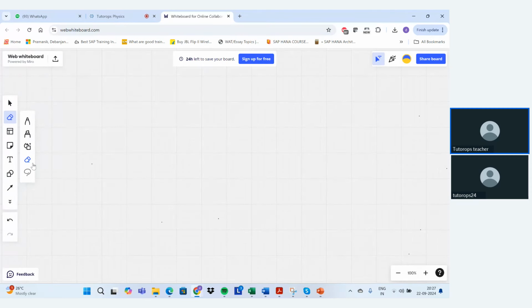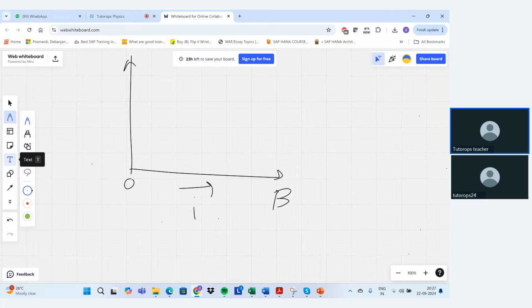So for example, this is my origin, and this is the x-axis, so I'm not writing it. This is my i vector, and this is my y-axis, and this is my j vector, this side.